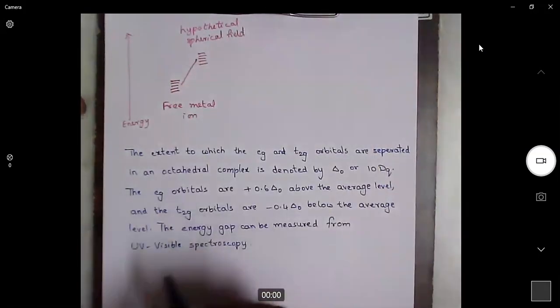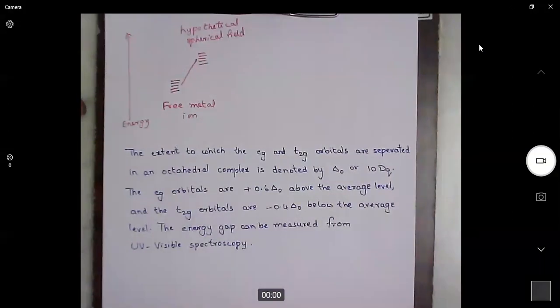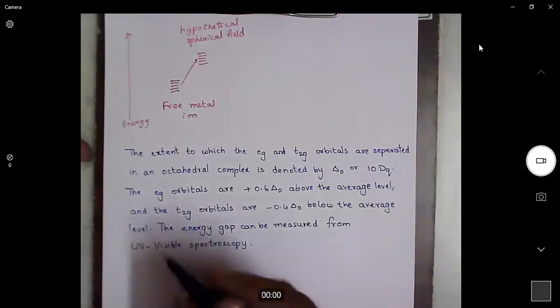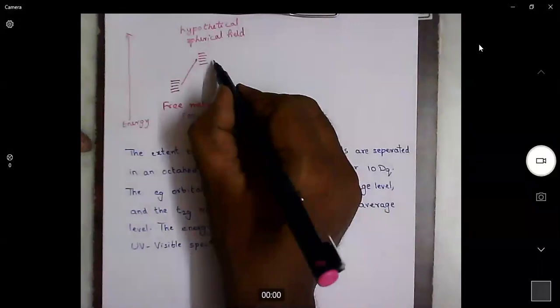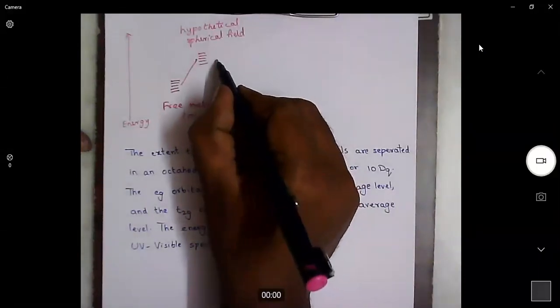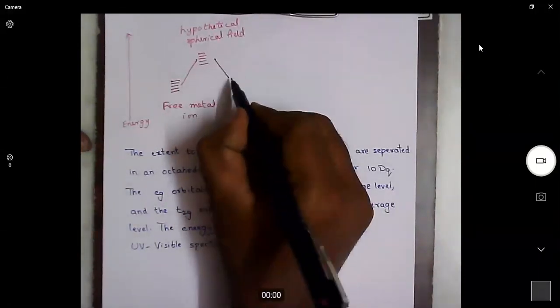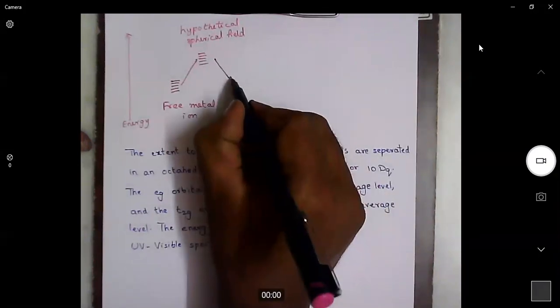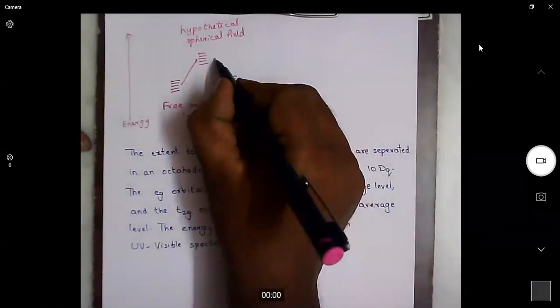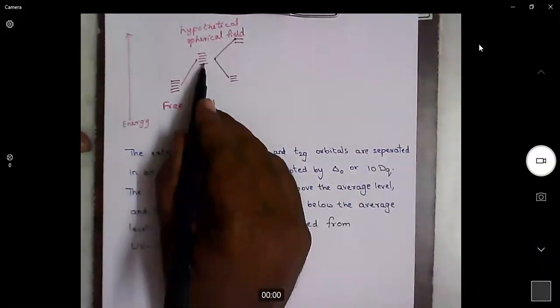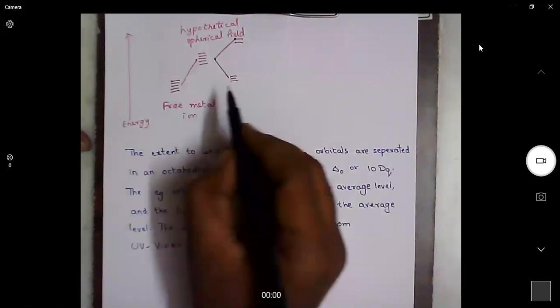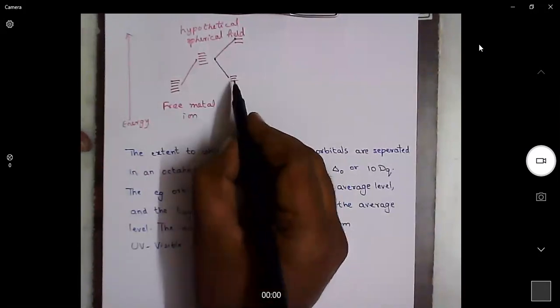Now, in octahedral complexes, what is happening? The ligands are approaching along the axis. Because of that, the Eg orbitals are increasing their energy. The T2G orbitals are decreasing their energy. Three orbitals will decrease their energy, two orbitals will increase their energy. So out of the five d orbitals, three will decrease their energy and two will increase.